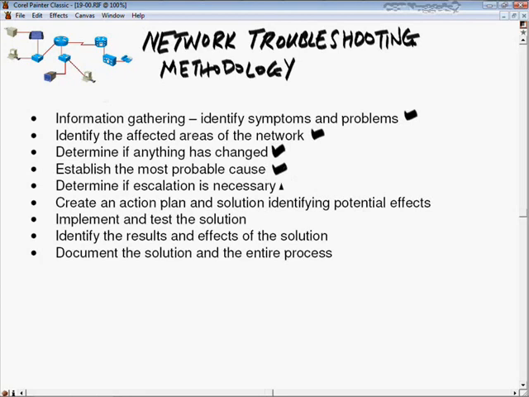We'll determine if you need to escalate this up to a higher authority in the organization. Create an action plan and a possible solution, and then identify any potential effects. Implement and test your solution. Identify the results, analyze the effects, and finally, document the entire process and document your solution for yourself and your posterity. All right, let's take a look at these one at a time.